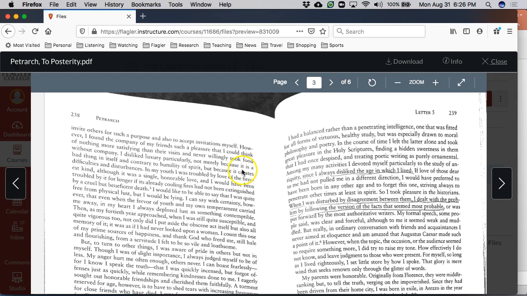He's found God to an extent, and the poetry is window dressing for the stuff that he's discovered through the exploration of Scripture. Right. And he holds this up against what standards?